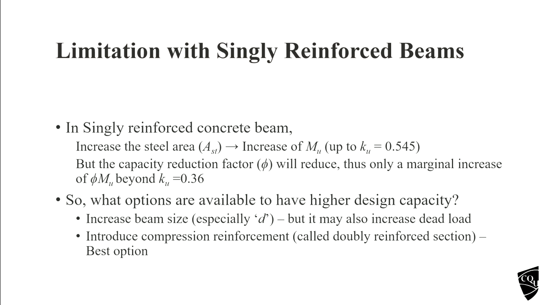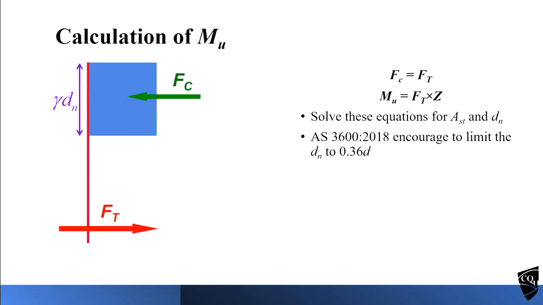Okay, so if you have reinforcement, now we calculated how much reinforcement we required. If you look at the calculation we had earlier, if you want to increase the Mu, that is the capacity, you need to increase the Ft or Z. You cannot increase Z very much, you may be able to increase it a little bit, but not much.